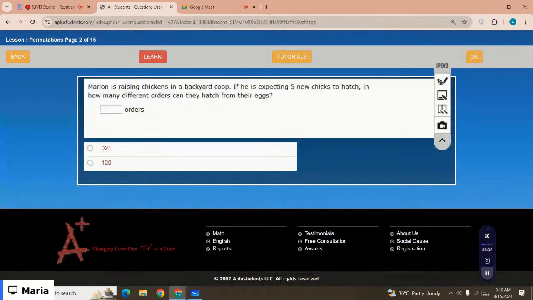Marlin is raising chickens in a backyard coop. If he is expecting 5 new chicks to hatch, in how many different orders can they hatch from their eggs? So which is the correct option?